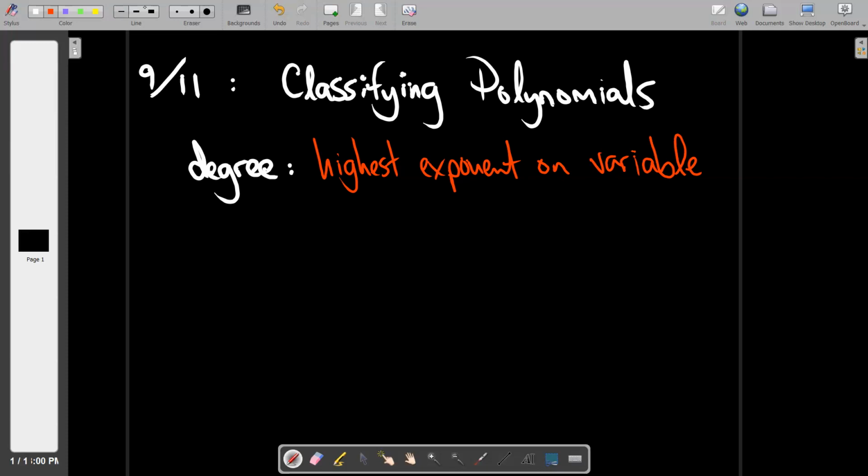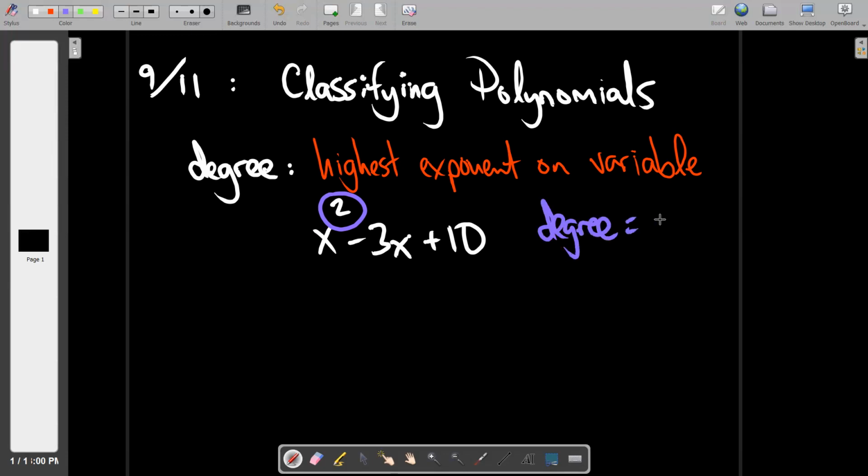So for example, if I gave you a polynomial like x squared minus 3x plus 10, what is the highest power of x that you see in this problem? It is 2. So this 2 being the highest power of x tells me that this polynomial has a degree of 2.